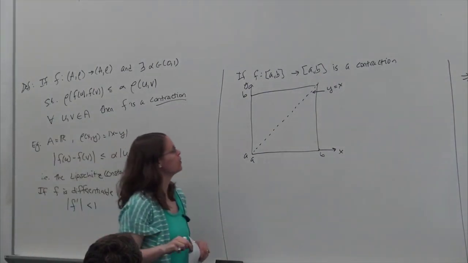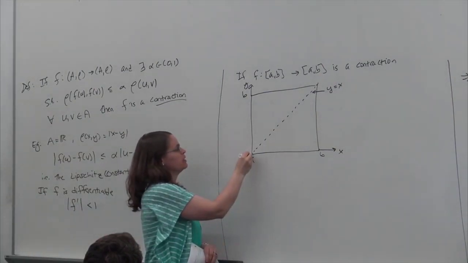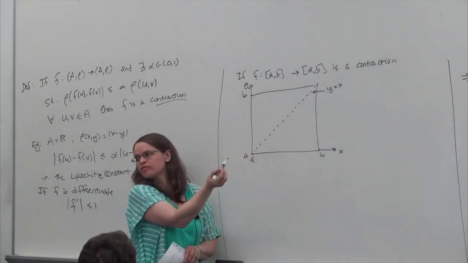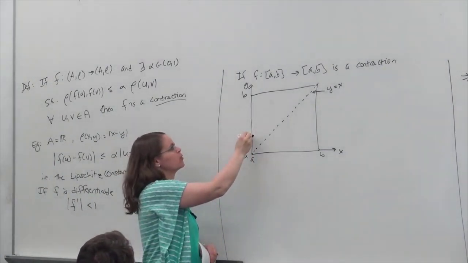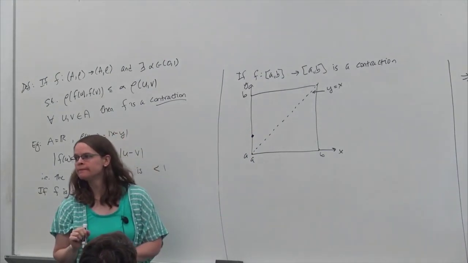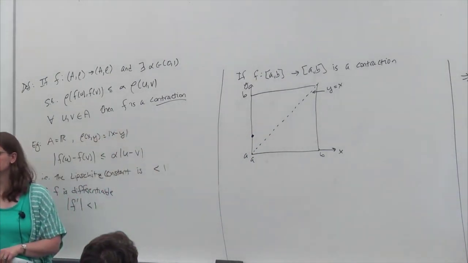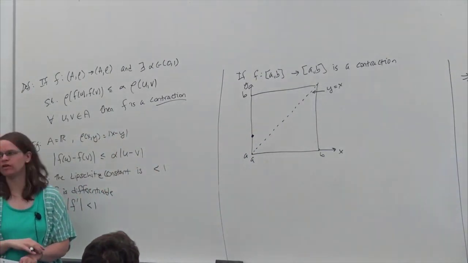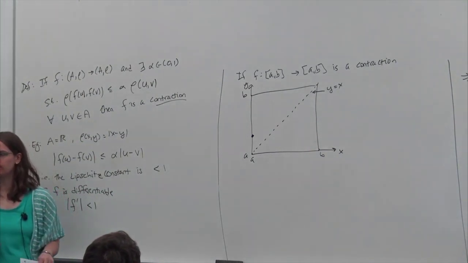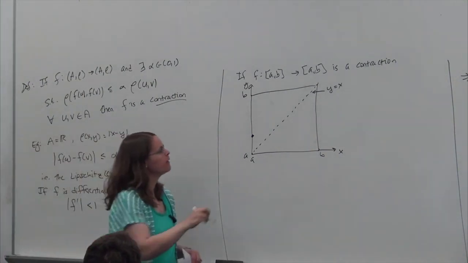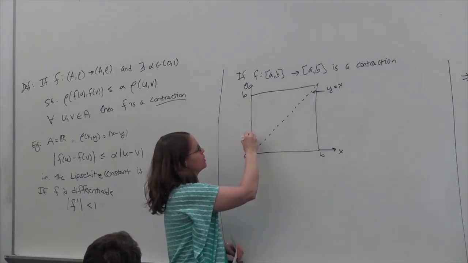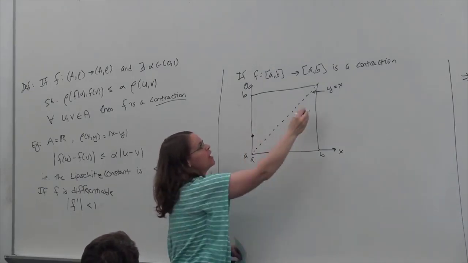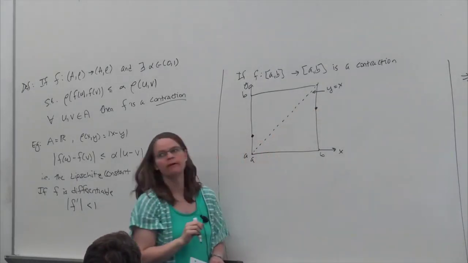Okay, so now what's the idea here? Well, either f of a equals a and we've started at a fixed point, or we start somewhere up here. Now, we have a function that is forced to stay in this box. If it's forced to stay in this box, then what happens? It's going to have some value at f of a, and it's going to have some value at f of b.